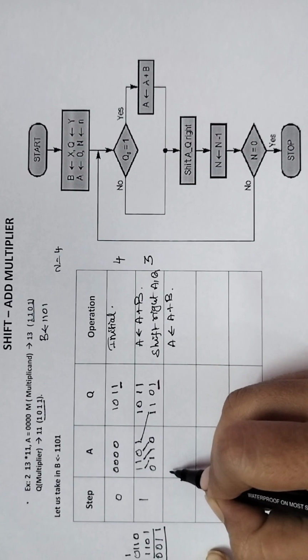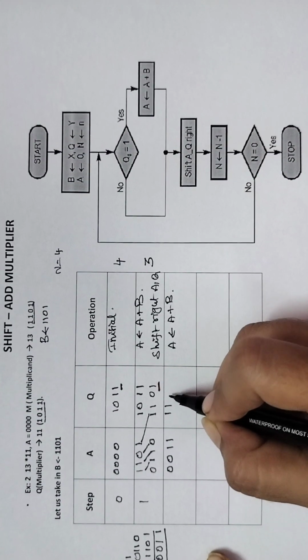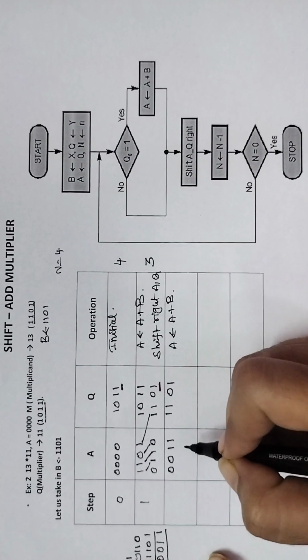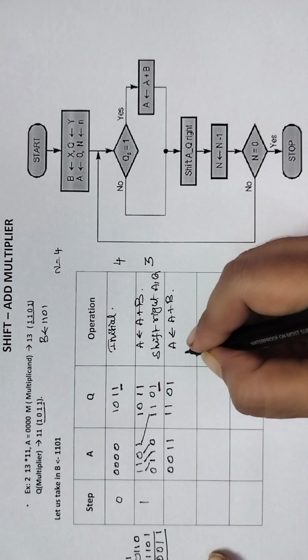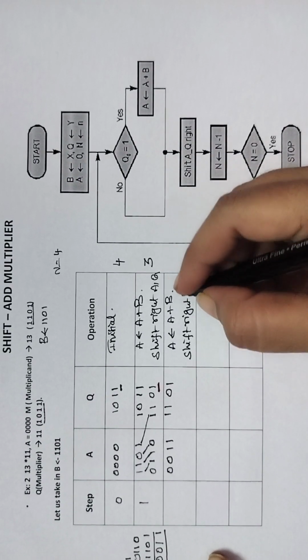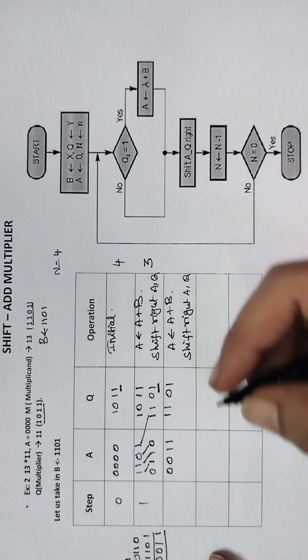The Q register remains the same, 1011. After performing A = A + B, we have to do the shift right operation of A and Q.